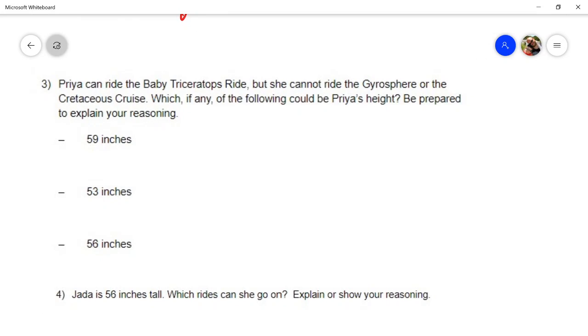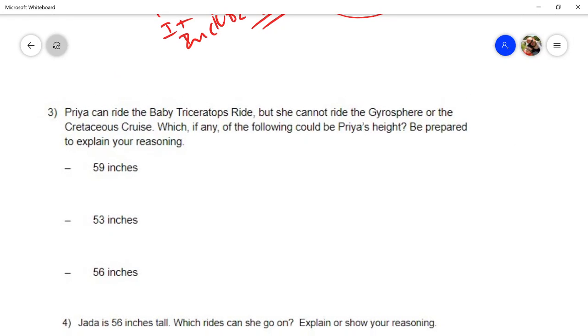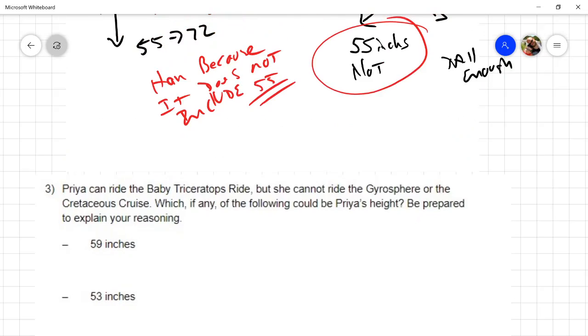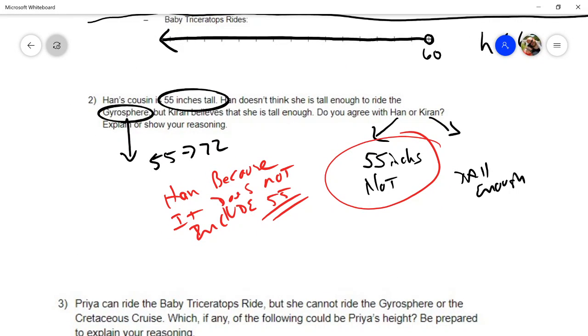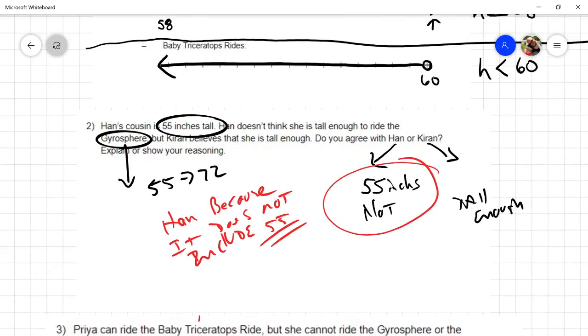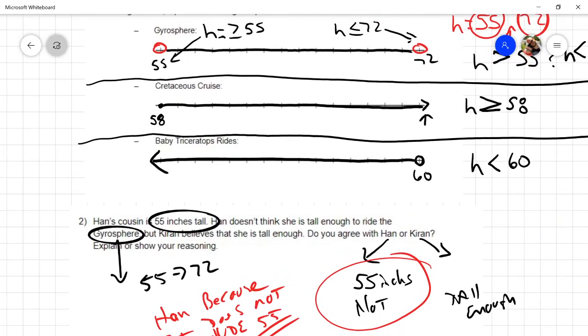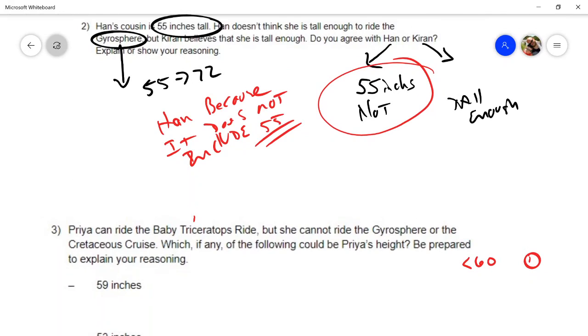Okay, 3. Priya can ride the baby Triceratops ride, but she cannot ride the gyrosphere or the Cretaceous cruise. Which, if any, of the following could be Priya's height? All right. So she can ride the baby Triceratops, which is less than 60. She cannot ride the gyrosphere, which was between 55 and 72.